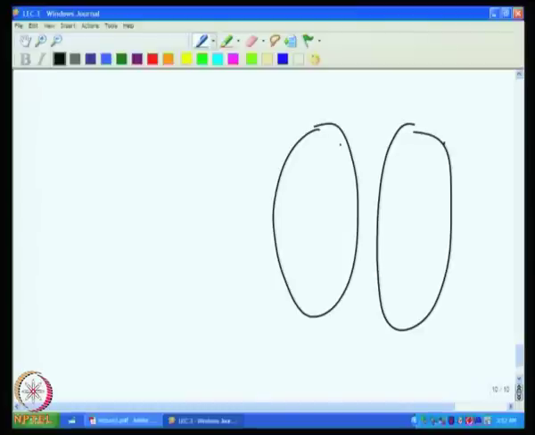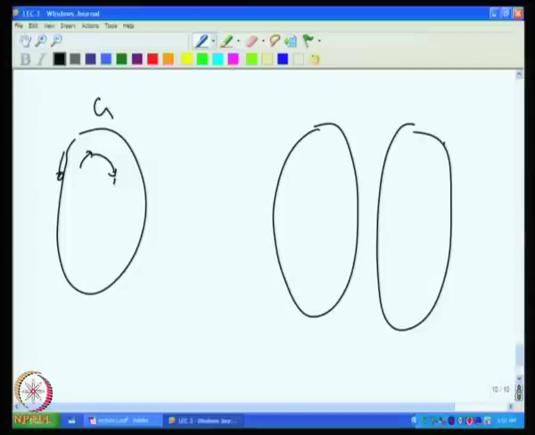Say this is the graph G, a directed graph, and we see a cycle cover of this graph, something like this, say 1 2 3 4 5.